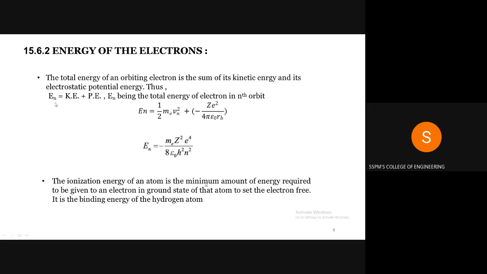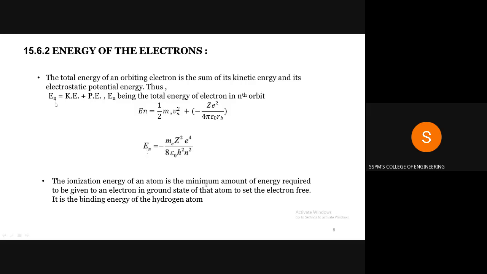Thus, the energy of the electron revolving in the nth orbit equals kinetic energy plus potential energy, En being the total energy of the electron in the nth orbit. This is the kinetic energy, this one is the potential energy.